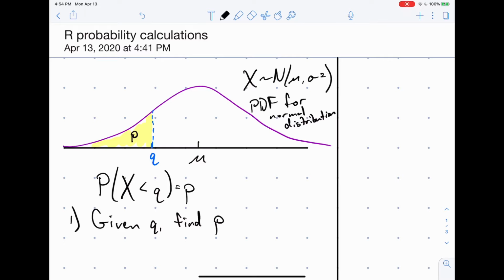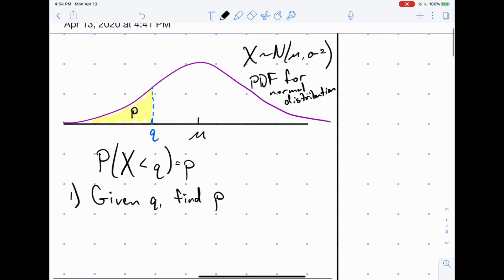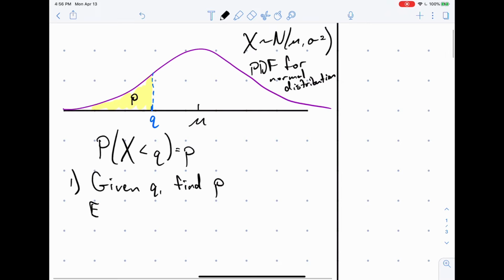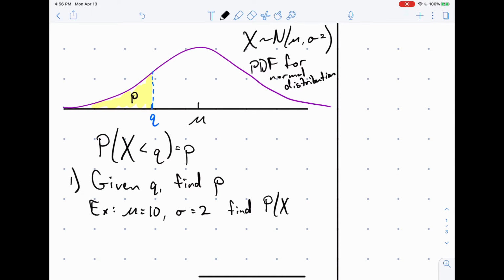In R, here's an example. Suppose that you know the mean is equal to 10 and sigma is equal to 2. Then if you want to find the probability that x is less than 9, say, here 9 is taking the place of q.